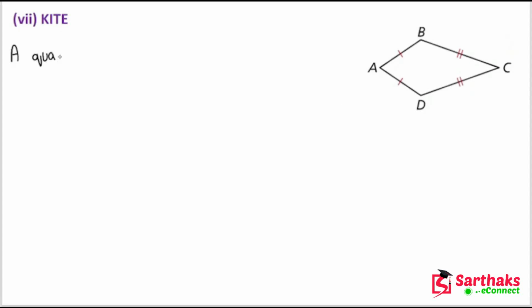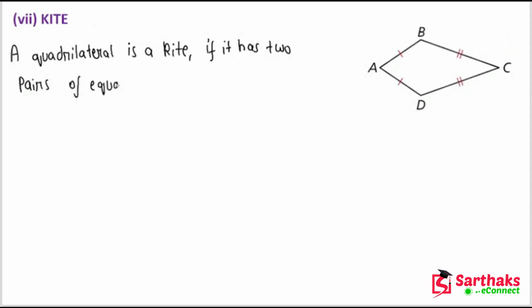So a quadrilateral is a kite, if it has two pairs of equal adjacent sides and unequal opposite sides.